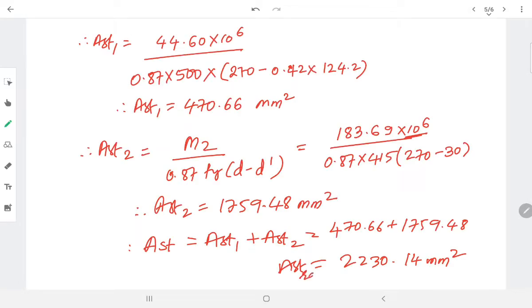In the next step, as the reinforcement value AST is quite high, this much steel is required to resist the moments. If you use 25 mm, as the reinforcement is quite high, I will go for a higher diameter. Now I will find the number of bars. Number of bars is equal to capital AST divided by small ast.